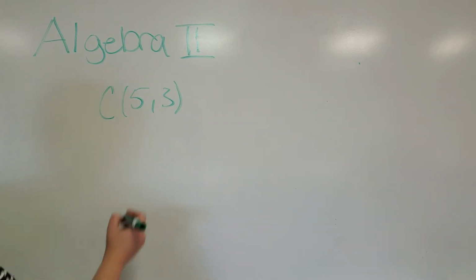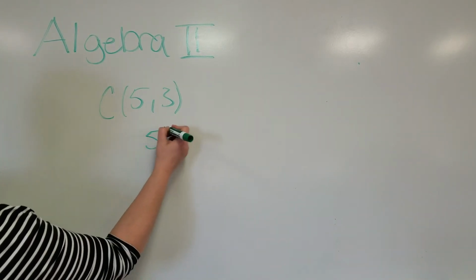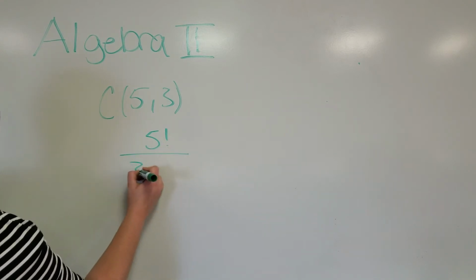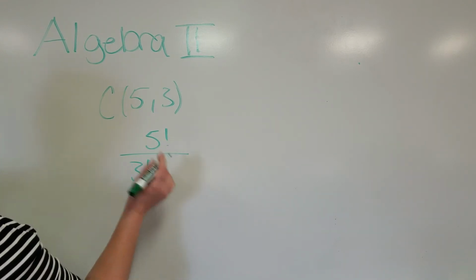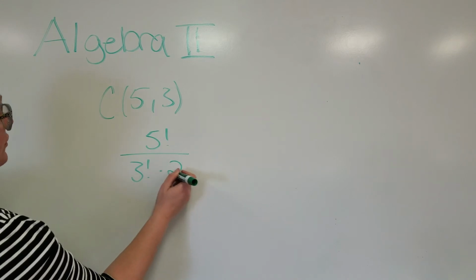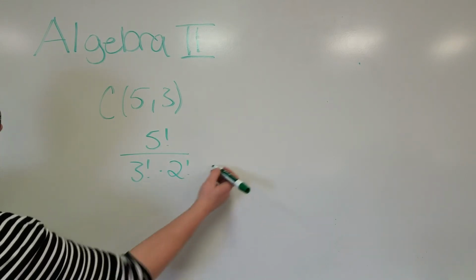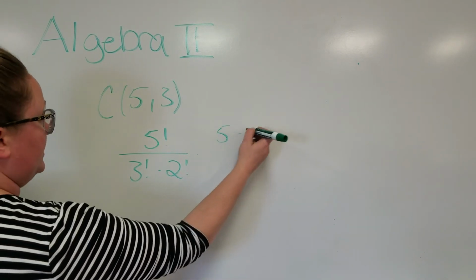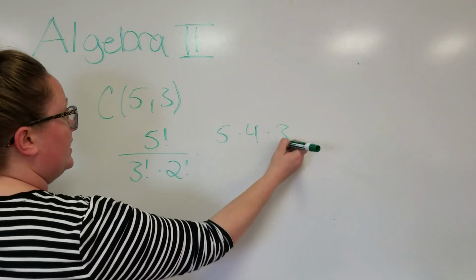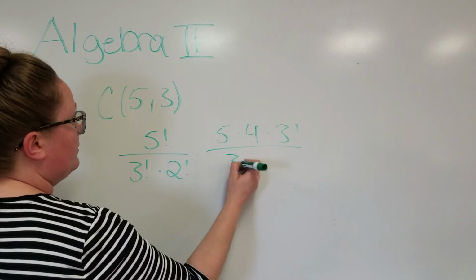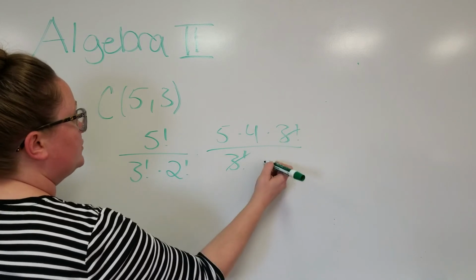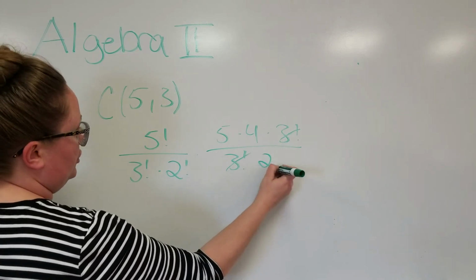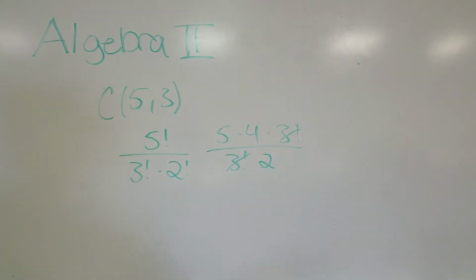So remember your combination formula is n, which is 5 factorial, over r, which is 3 factorial, times n minus r, which is 2 factorial. The easiest way to work these out is to say 5 times 4 times 3 factorial, and the 3 factorial will cancel there, and then we have 2 times 1 on bottom, which is just 2. So it's 20. 5 times 4 is 20, divided by 2 is 10.